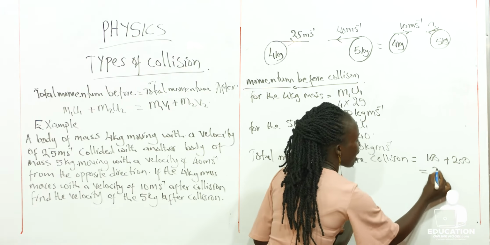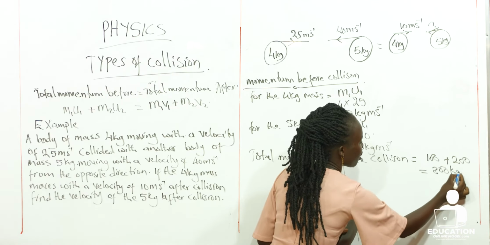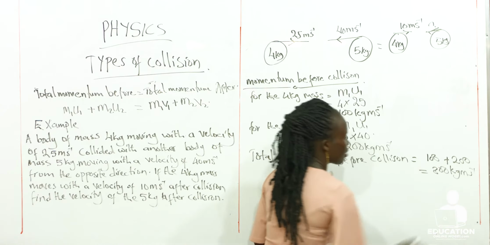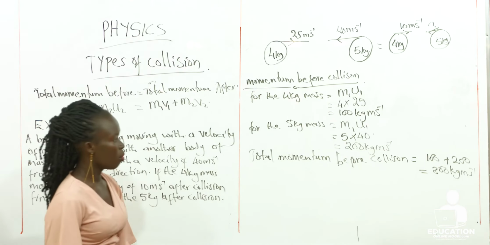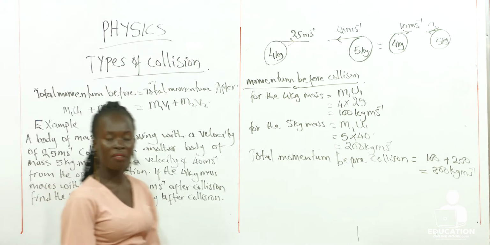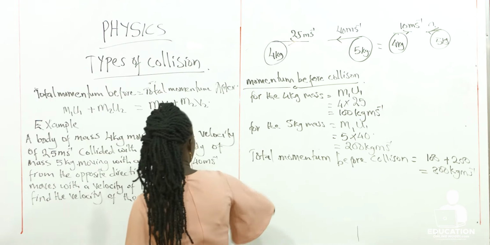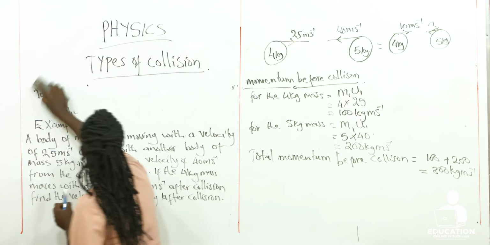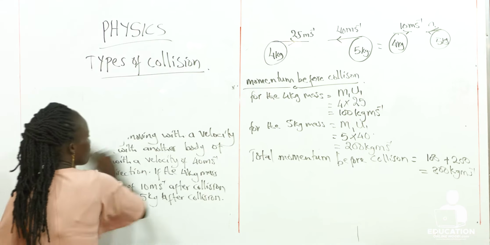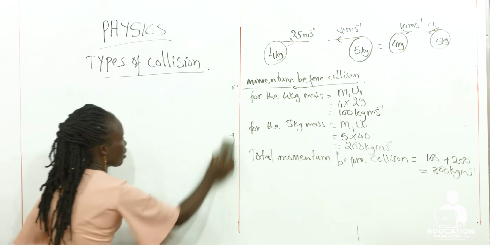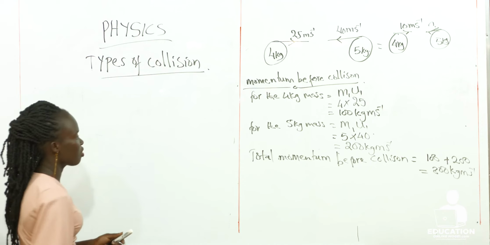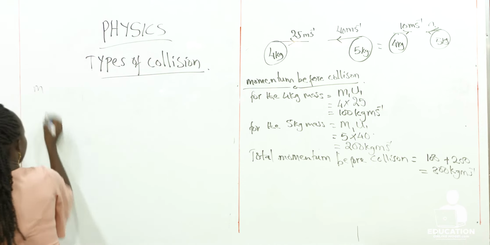So we shall have it as 300 kilogram meters per second. That is the total momentum for the two bodies. Let us see after colliding what happens. After collision, we are saying they moved with separate velocities. So let's get the momentum.